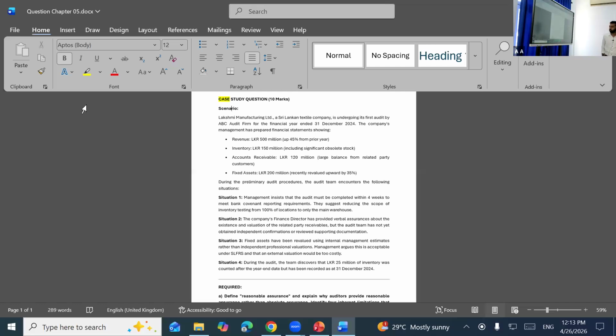And please let me know what is the assertion that they have violated, by reading this. Please put your answers in the chat box. No need to read all the things. Just the first two lines and situation 4. That's it.